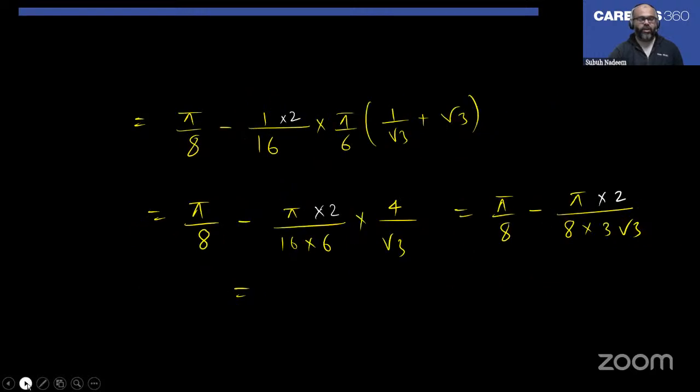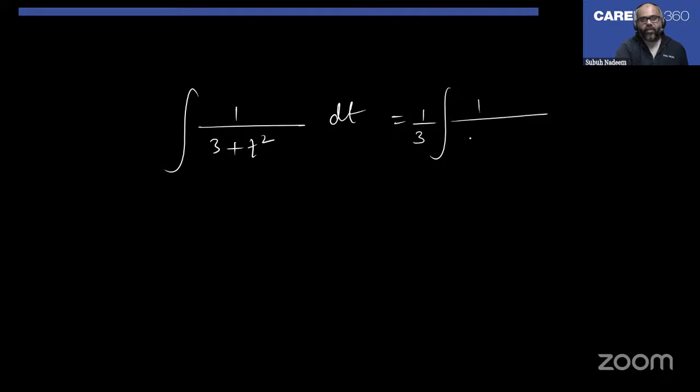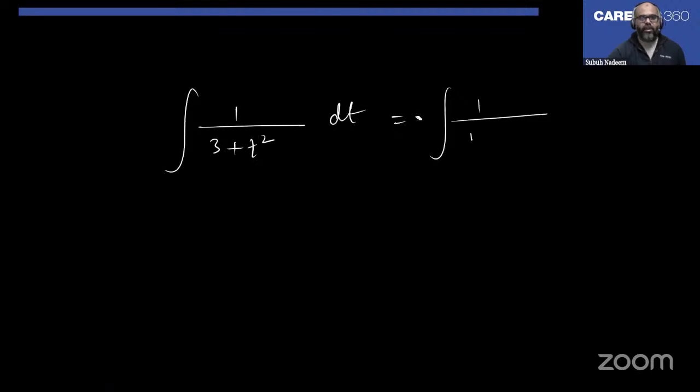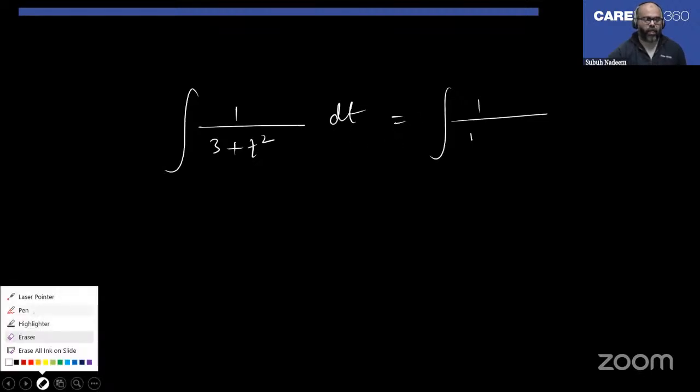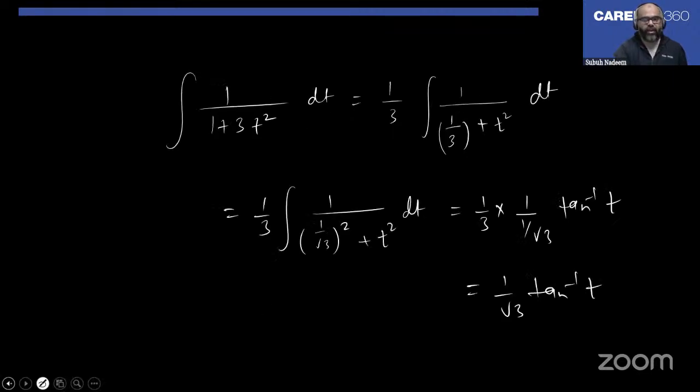So when we integrate 3 plus t square, it will be 1 by 3, okay, this is fine. You can write it as root 3 square plus t square. That we did like this.